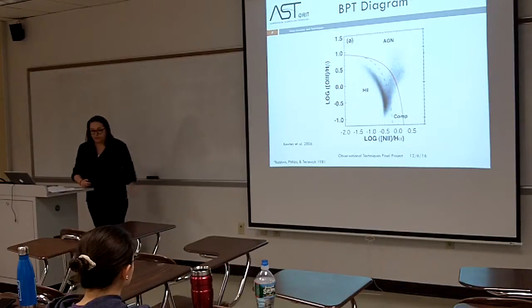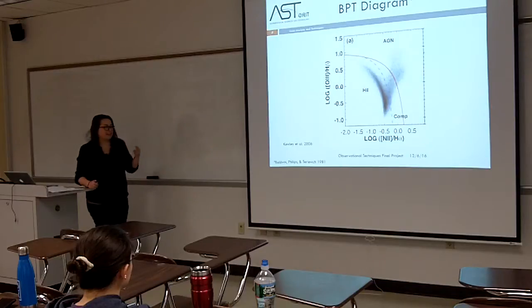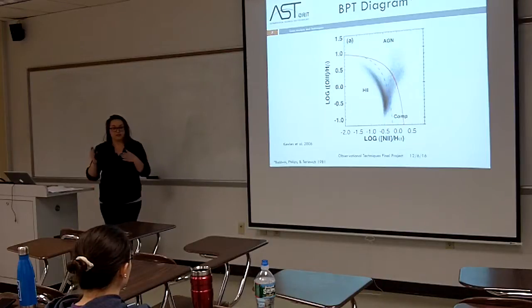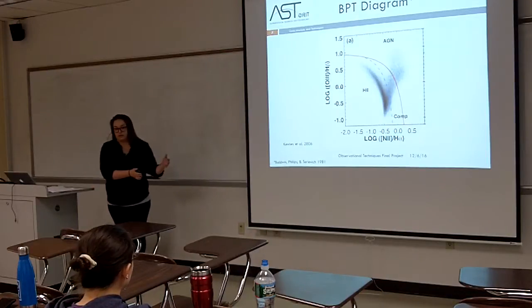And so, like I said, this is gonna bring us into my data and my analysis. And like I said, I wanted to look at stuff a little higher redshift. Traditionally, spectral classification of galaxies at high redshift has been difficult because our lines are now shifted from the optical into the near infrared.